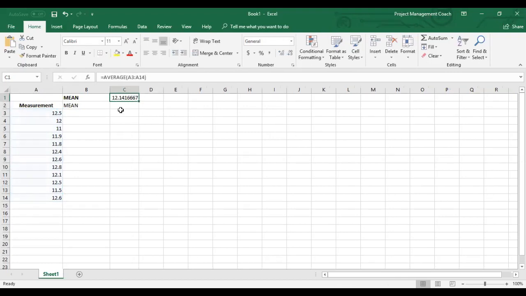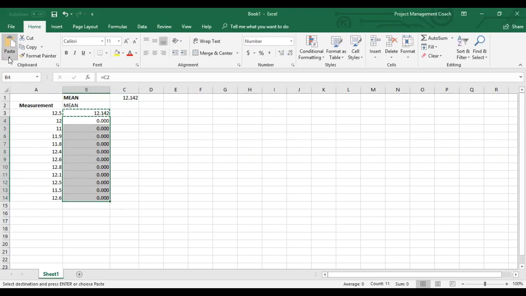So the average is 12.141666, whatever it is. So let's round that. Okay. And let's just copy that, and paste it as a value.